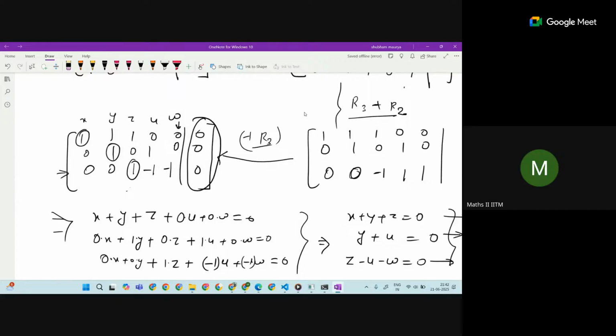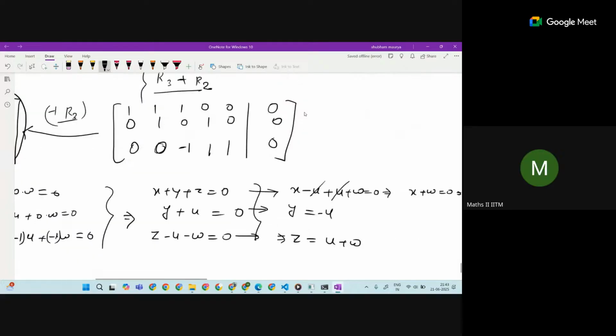For u and w there is no leading entry, behind the leading entry of each row. So u and w are free or independent variables, and x, y, z have the leading entries, so they are dependent variables.